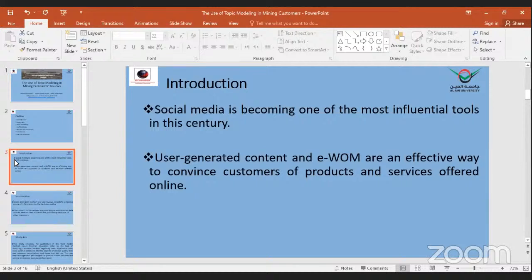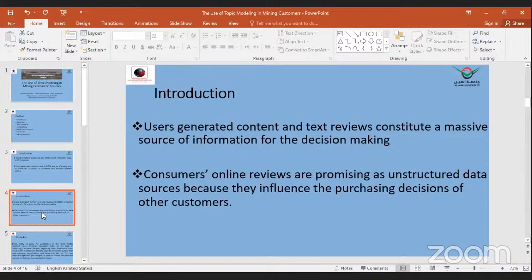User-generated content and electronic word of mouth are an effective way to convince customers of products and services offered online. Text reviews constitute a massive source of information for decision-making. Customers' online reviews are promising, unstructured data sources because they influence the purchasing decisions of other customers.